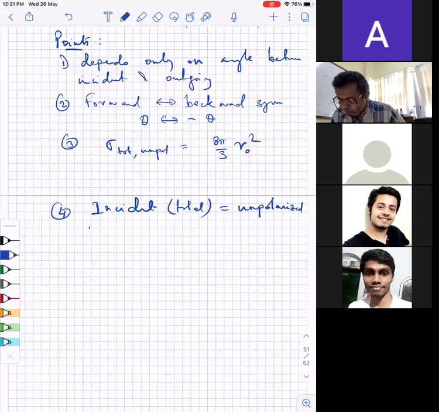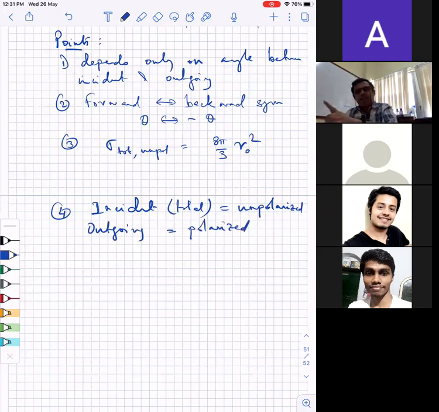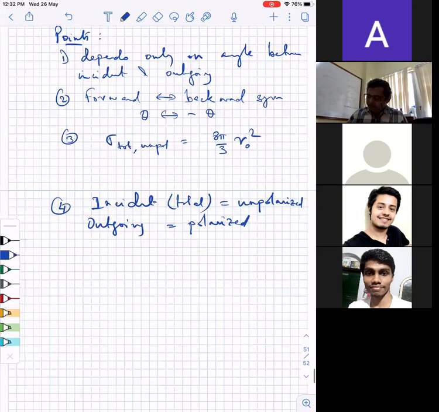But your outgoing is polarized, because again, outgoing has one direction n, and the electric vector has to be perpendicular to n. So outgoing is polarized. When a polarized thing comes, it gives you a polarized outgoing. When an unpolarized thing comes, it still gives you a polarized outgoing.